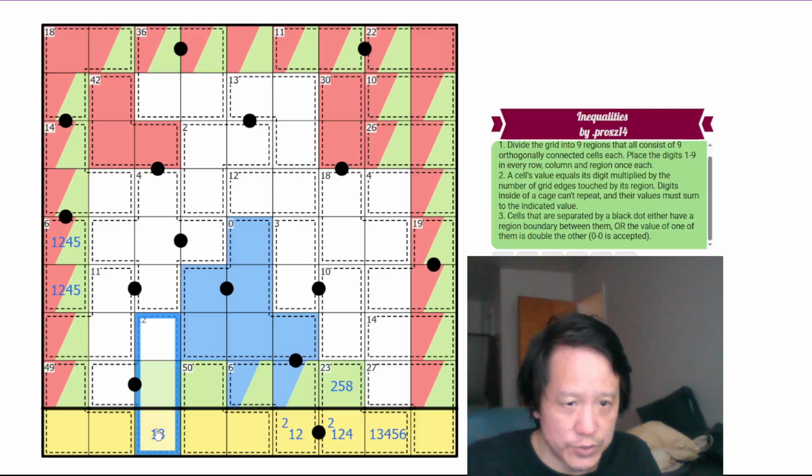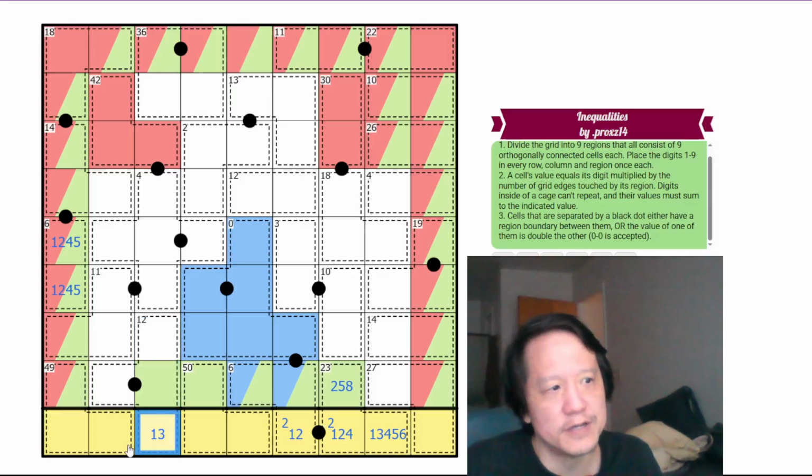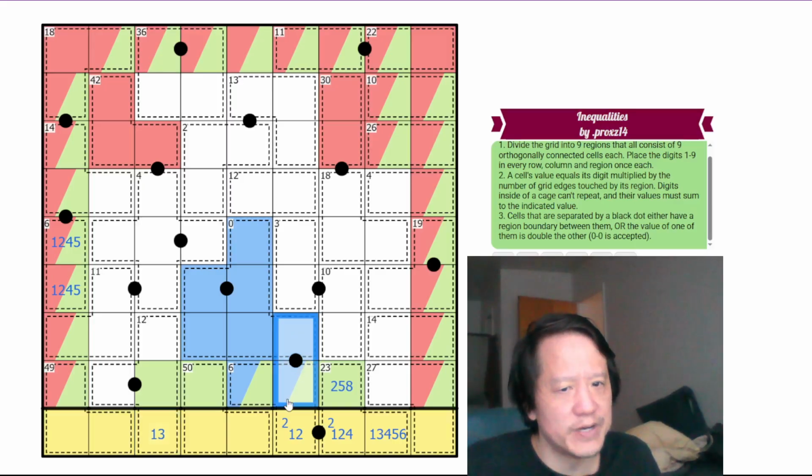So at least 2 of these are going to have value. You could have 1, 2, and then 3 there. That is possible. You could have boundary there.